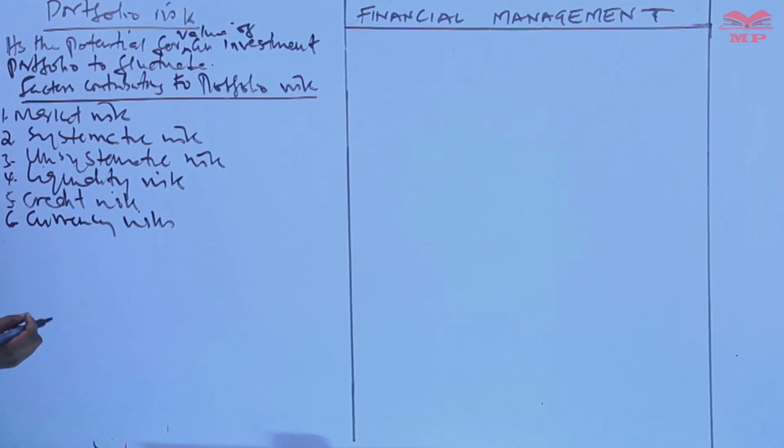So then, candidates, in a two asset portfolio, the overall risk or the portfolio risk is not simply the weighted average of the individual asset risks. This risk, candidates, is influenced by correlation between the two assets.